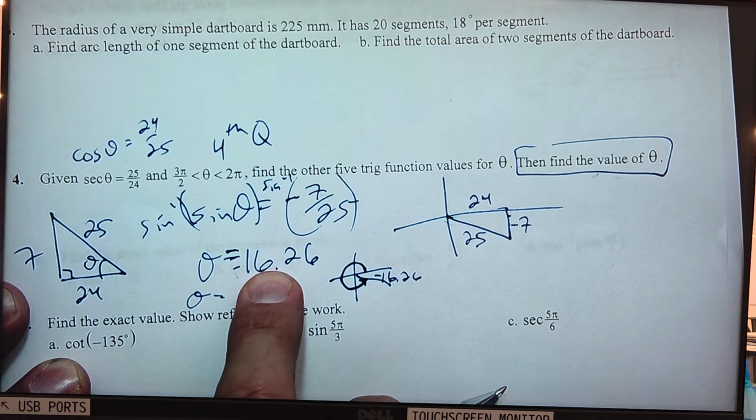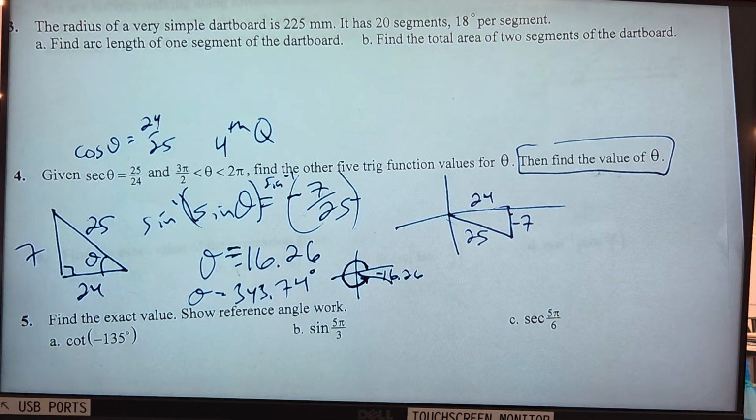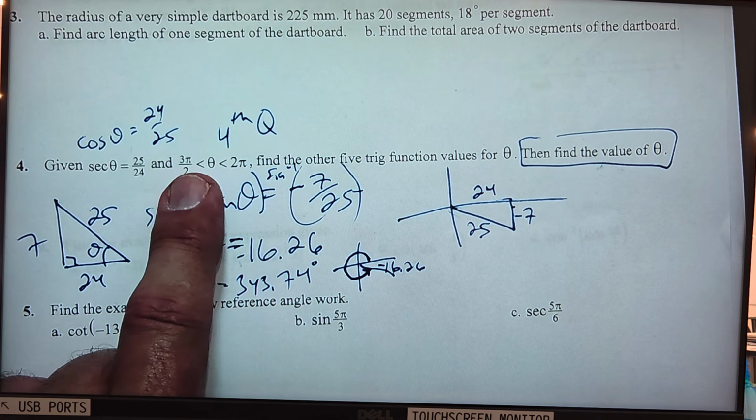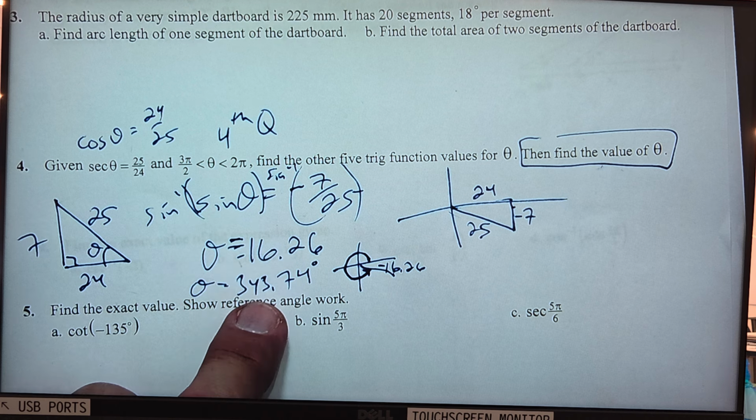So you get 343.74. Yeah. You guys semi with me? Because I said theta is supposed to be between 3 pi over 2 and 2 pi. You get a reference angle when you do inverse sine.